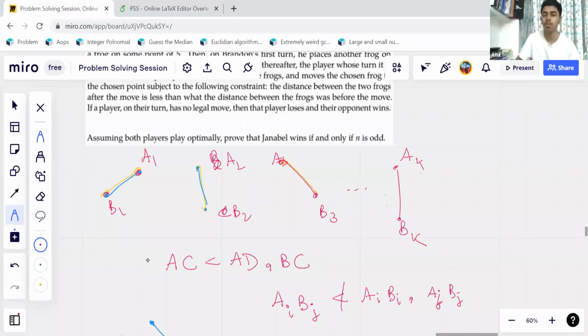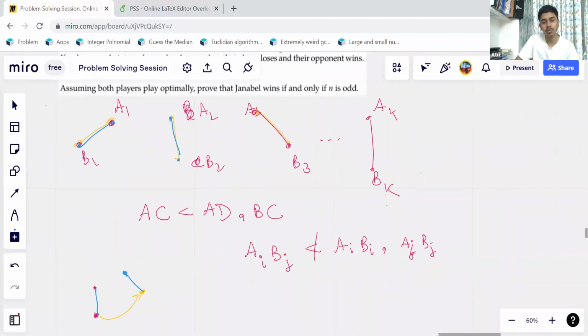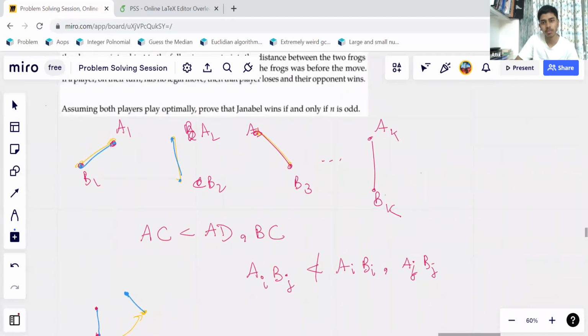Just pair everything except one and then play there. And when Bob plays, move to there somehow. But how do you ensure this? Okay, I feel like reverse engineering made it a lot harder. Oh no.